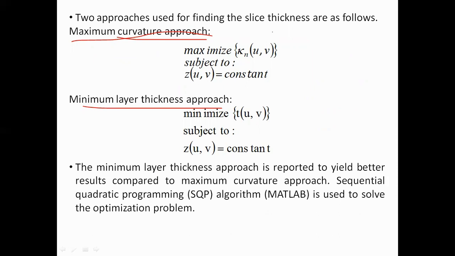This function was analyzed, and it was found to be inferior to the minimum layer thickness approach. In order to maximize or minimize, that is, optimize the function, they used the sequential quadratic programming algorithm, and MATLAB was used to solve the optimization. It was the SQP algorithm of optimization, and MATLAB was used to solve the problem.